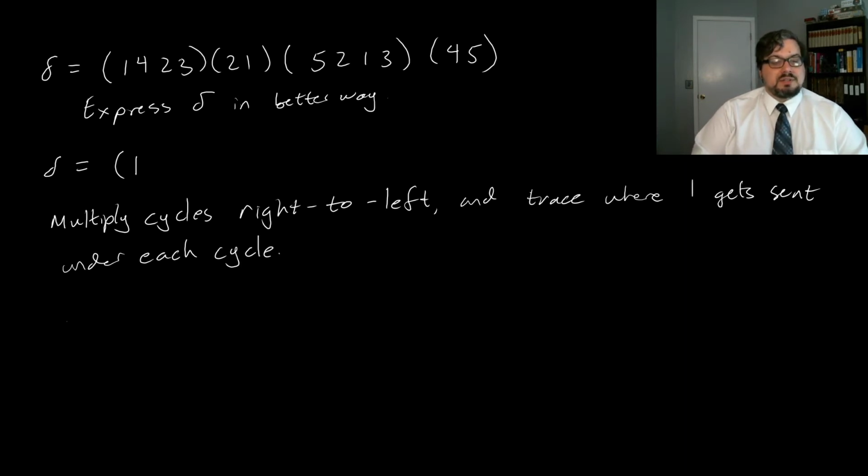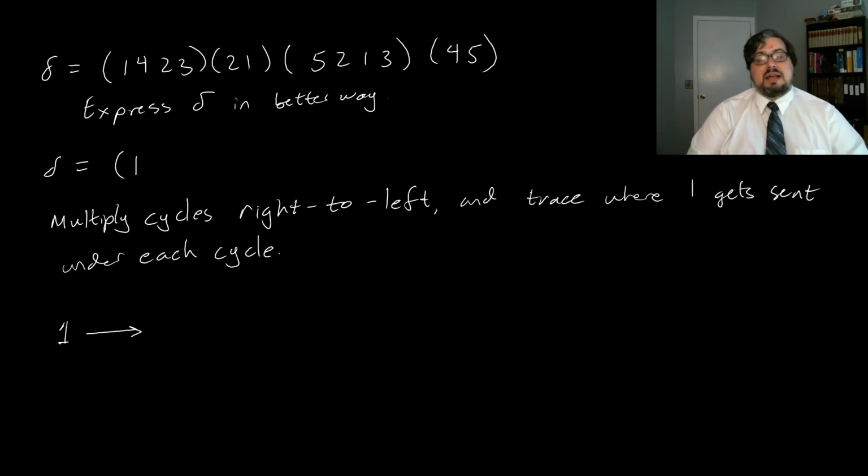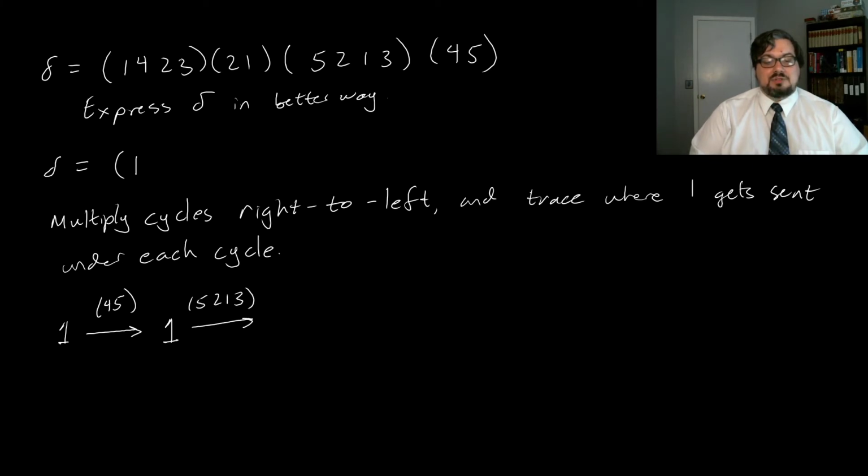So for instance, if we want to know where 1 gets sent, we're going to trace its path as it gets worked on by each one of these cycles in sequence from right to left. The cycle (4 5) doesn't affect 1, so 1 just gets sent to 1 there. But then we apply the cycle (5 2 1 3), and under this cycle, 1 gets sent to 3.